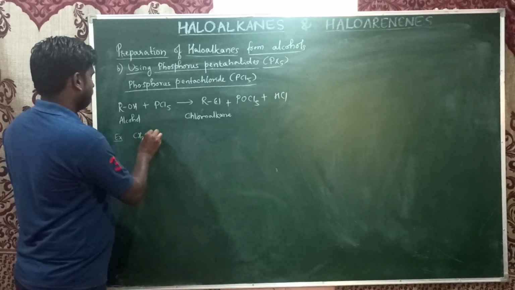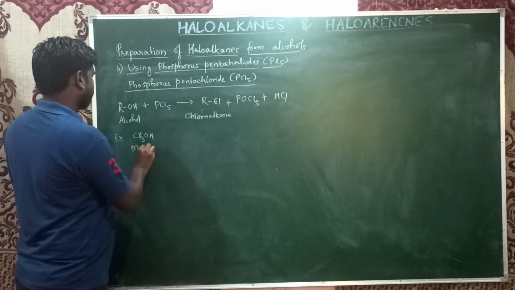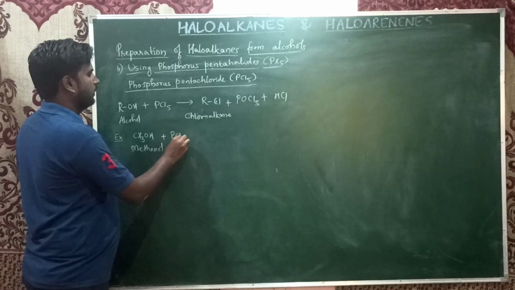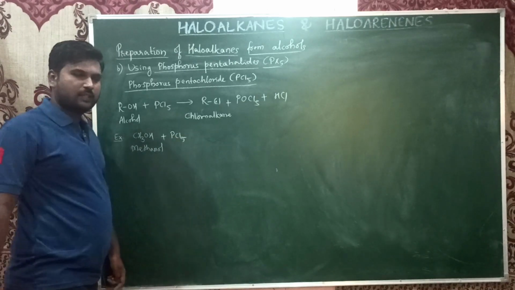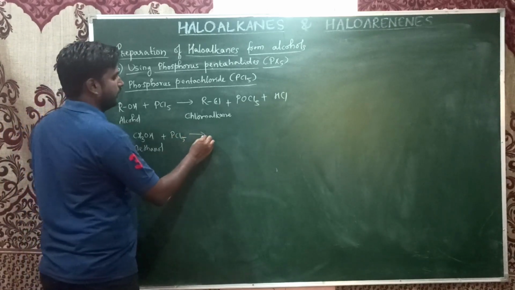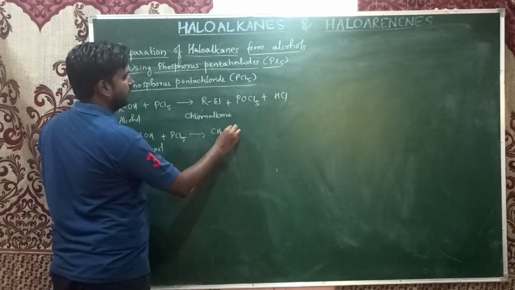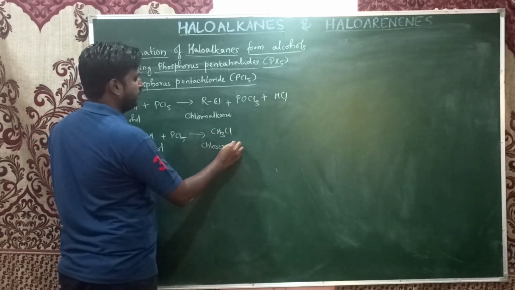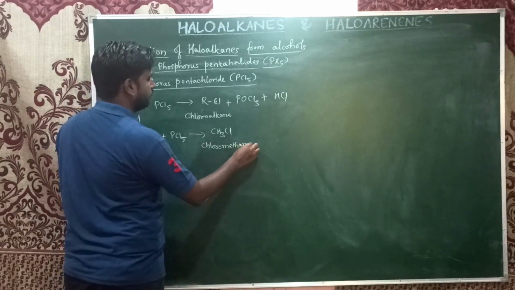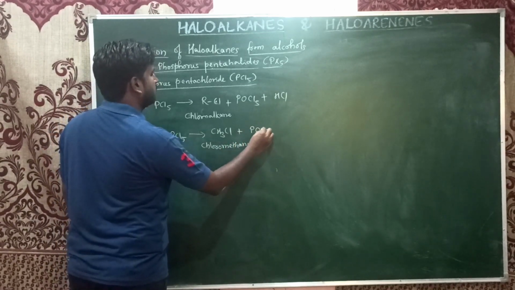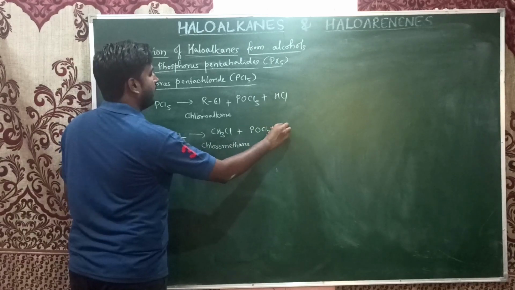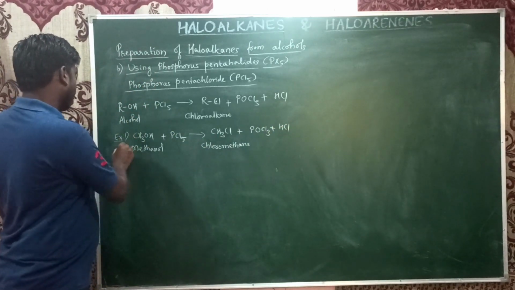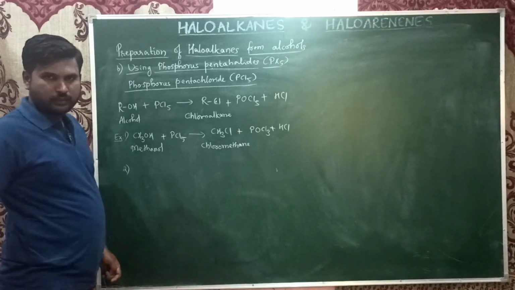Okay, if you see an example, methanol: when methanol reacts with phosphorus pentachloride, it is going to give us methyl chloride, or the IUPAC name is chloromethane, with the elimination of phosphorus oxytrichloride and HCl. Otherwise, you can also write another example, ethanol.